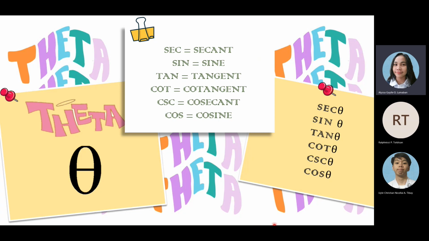By knowing all these terms, we can simply read this as secant theta, sin theta, tangent theta, cotangent theta, cosecant theta, and cosine theta.